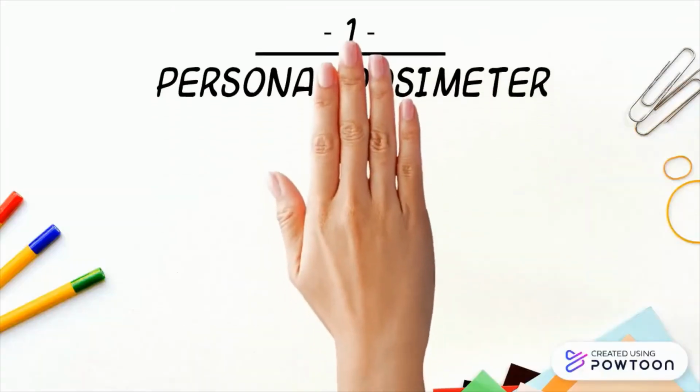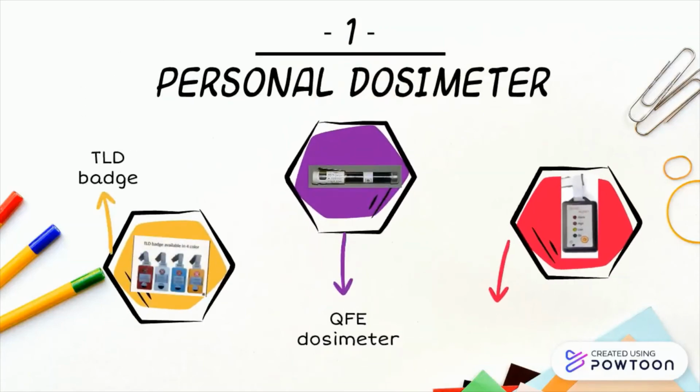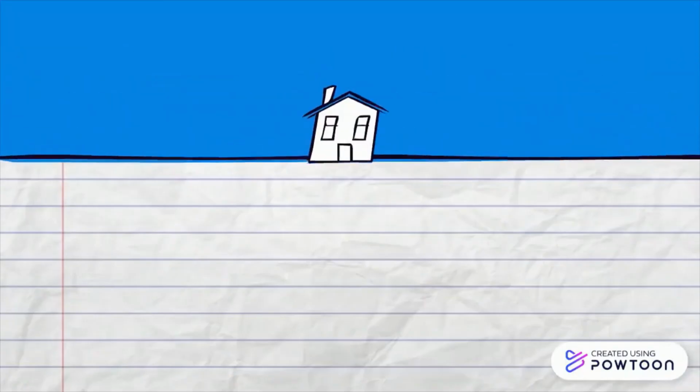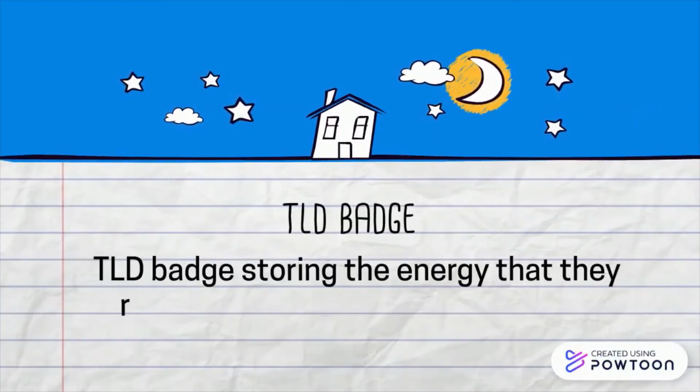Now, how personal dosimeters work, for the TLD badge, QFE dosimeter and beeper. The TLD badge stores the energy that it receives from the ionizing radiation.